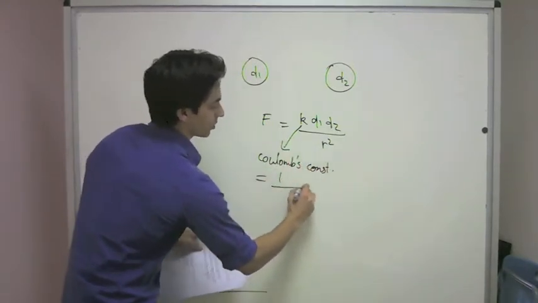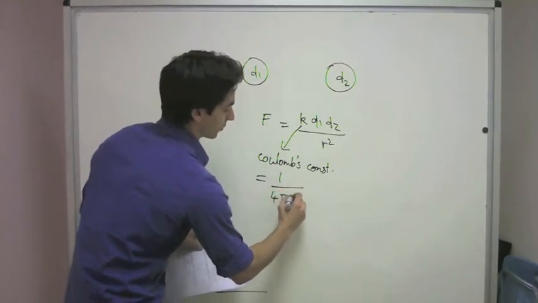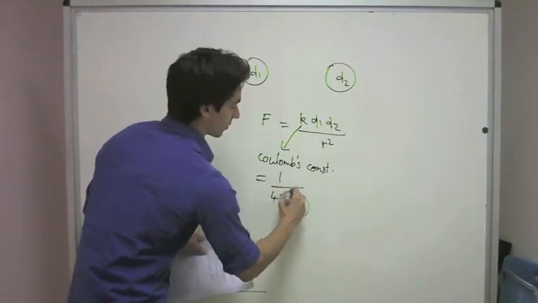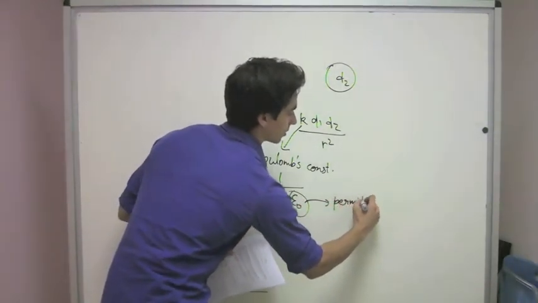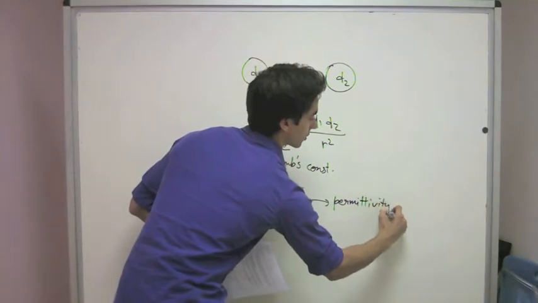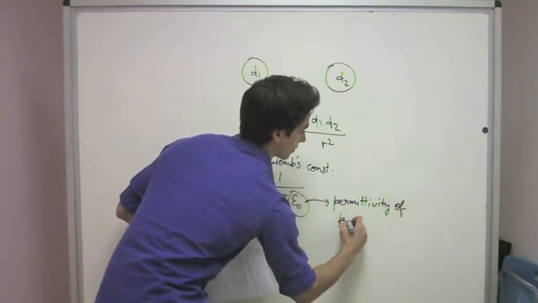The value of k can be determined by 1 over 4 pi epsilon naught, where epsilon naught is the permittivity of free space.